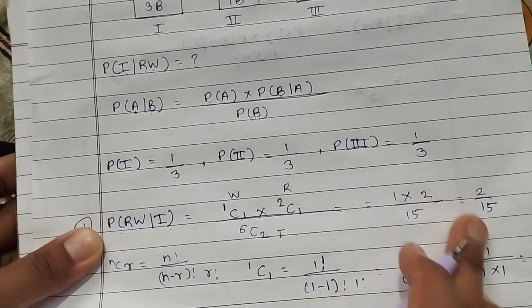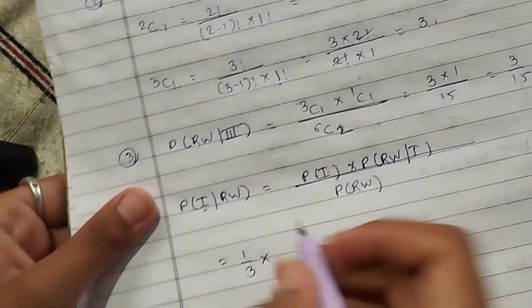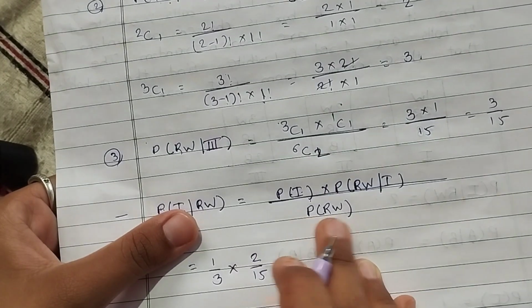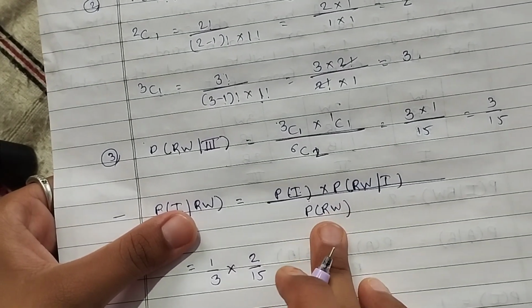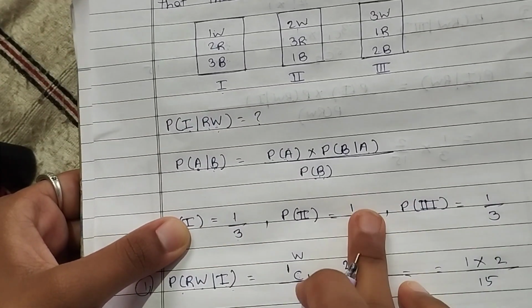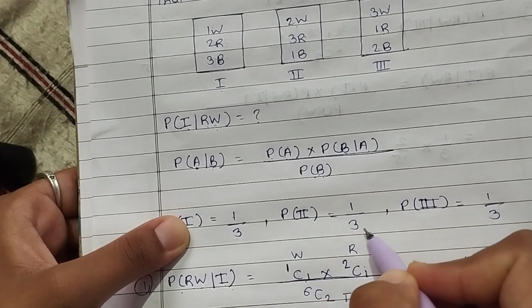So it is nothing but 2 by 15. But the probability of RW we find out, see here, these 3 terms, 1, 2, 3, where probability of RW we find out now.